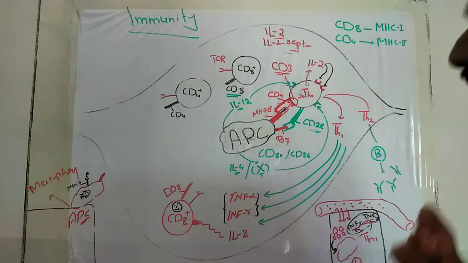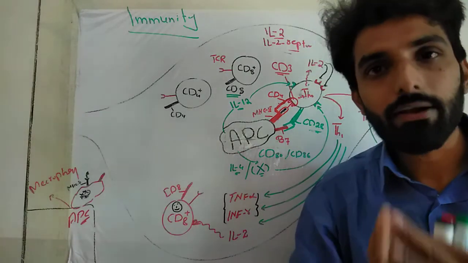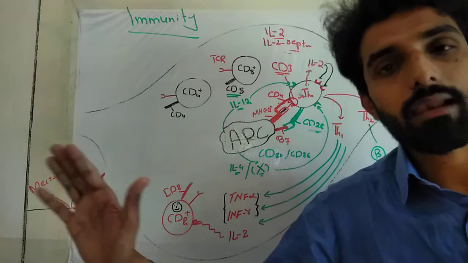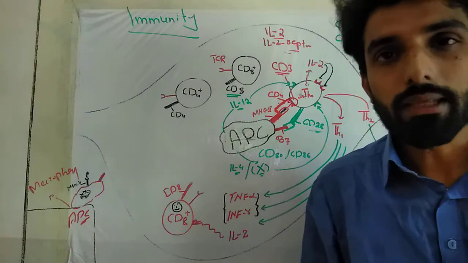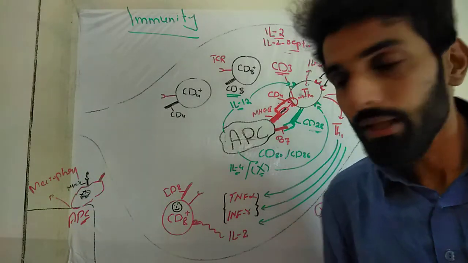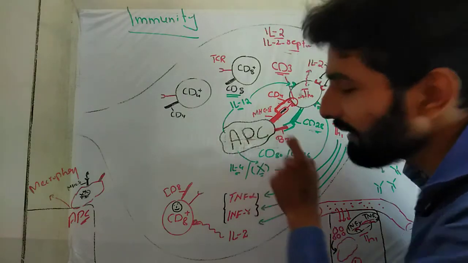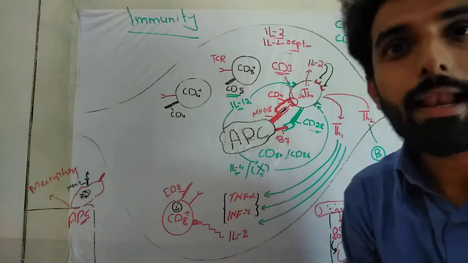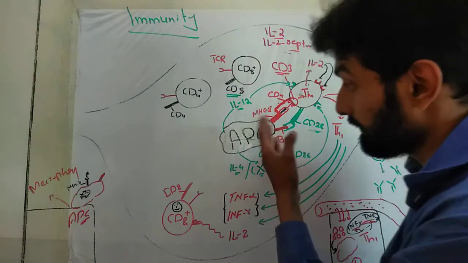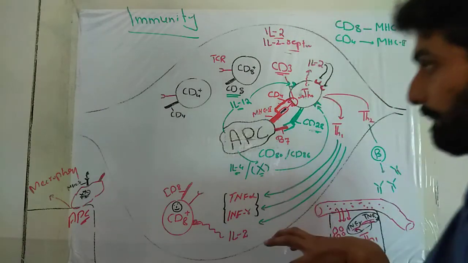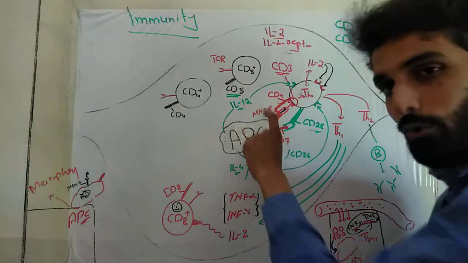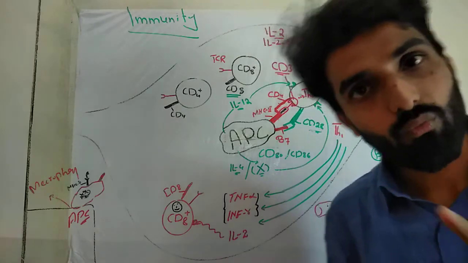But MHC-1 is present on all the nucleated cells of the body. So this APC, it's basically a granulocyte, is also a nucleated cell. So this APC will be having MHC-2 as well as MHC-1.